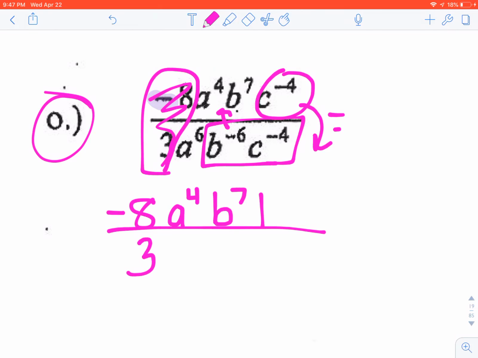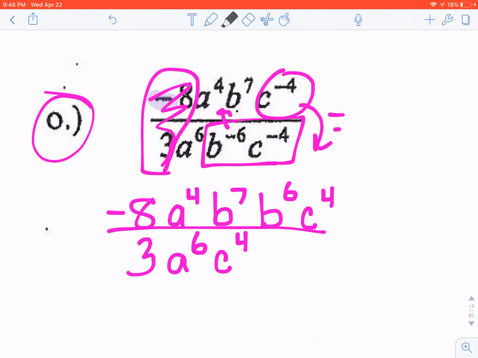The 2 that we moved are b to the 6th and c to the 4th. On the bottom, I'm going to rewrite my a to the 6th, and c to the 4th goes down. Okay? Once you see that you have all positive exponents, we are now cleaning this up.